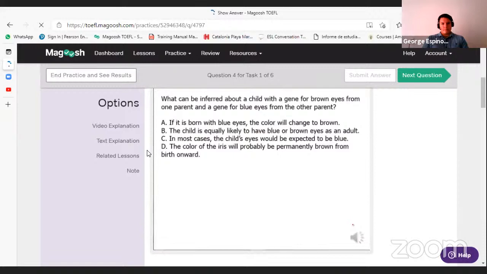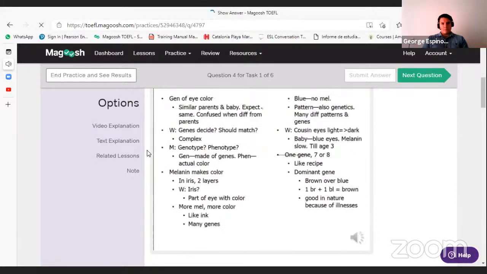This is a very difficult question. It is about a very specific detail in the lecture, a situation with one brown-eyed parent and one blue-eyed parent that is only talked about near the end for just a moment.